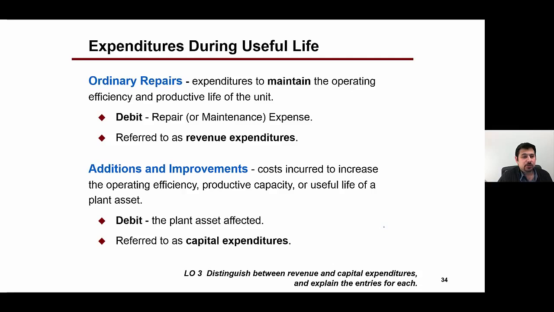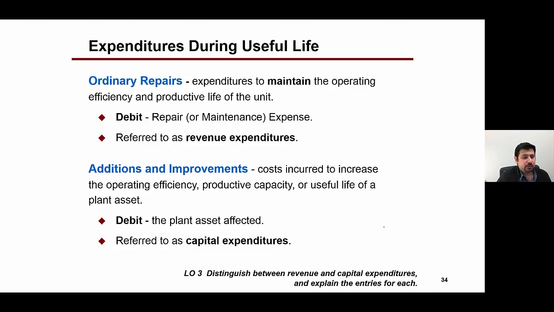At this point, the companies will consider this as revenue expenditures because they are directly related or associated with the revenue generation. As a result, they will debit repair or maintenance expense for all these ordinary repairs. For example, think about it as a truck and routine oil change or tuning up of the engine or changing tires, etc.